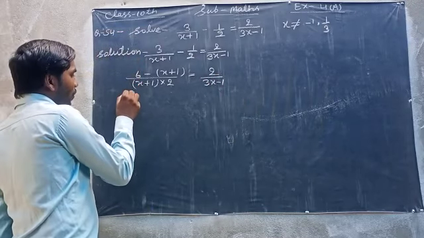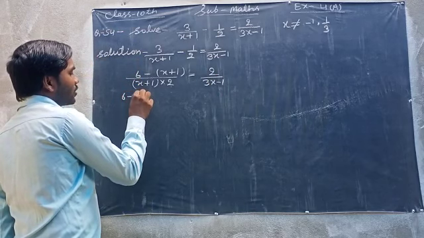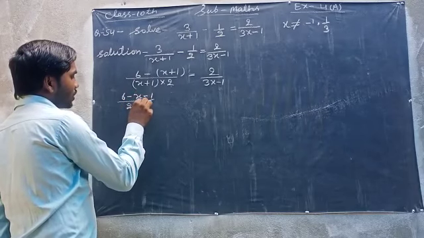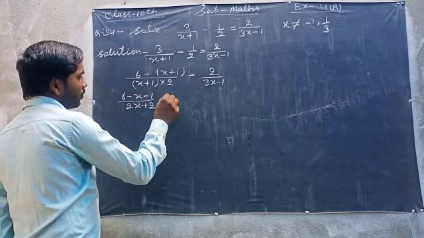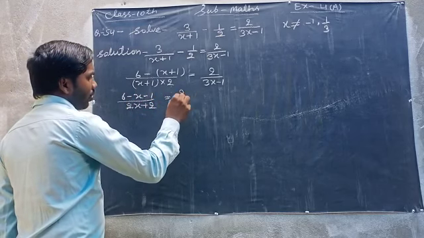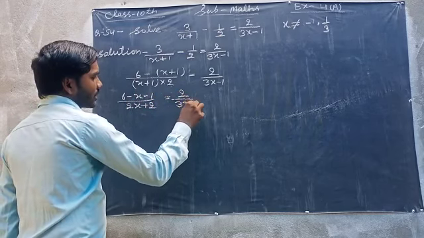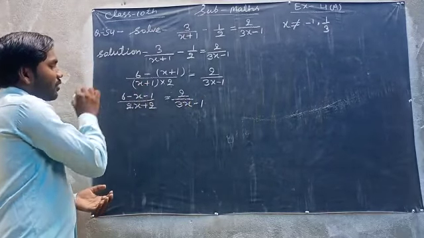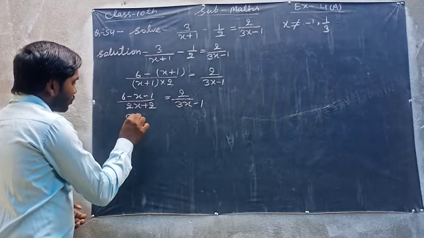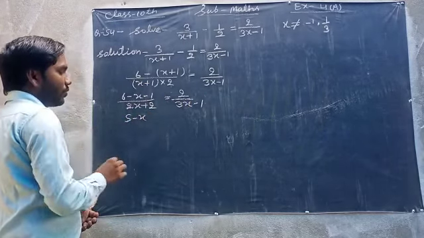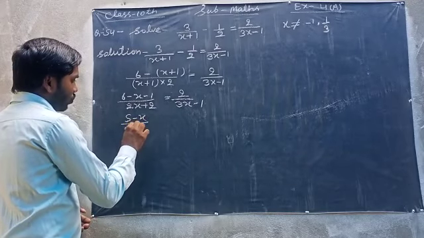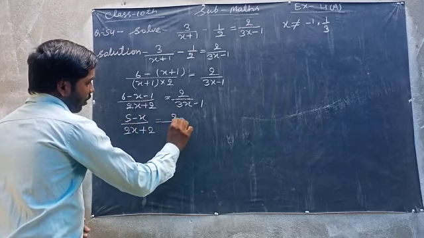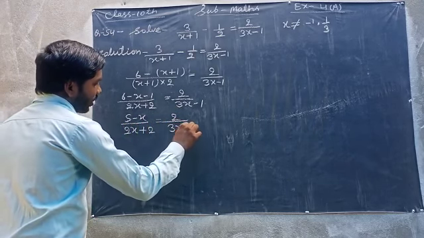Now we will open the bracket. 6 minus x minus 1 upon 2x plus 2 is equal to 2 upon 3x minus 1. From here 6 minus 1 will be 5. So 5 minus x upon 2x plus 2 is equal to 2 upon 3x minus 1.